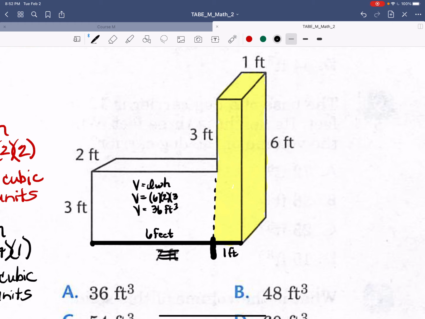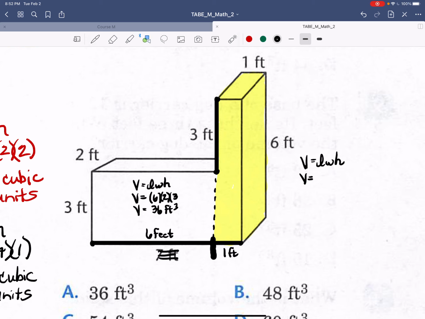Then on the yellow part, we want volume is length, width, and height. Be careful again. From this point to this point is 3. But we need to take into account that imaginary line also.